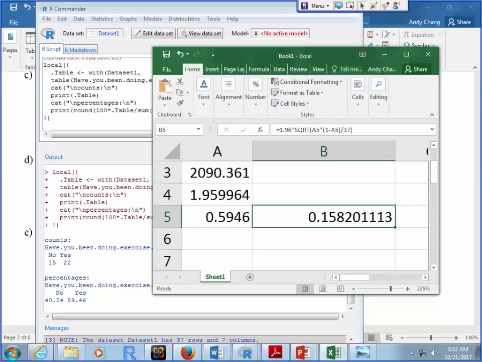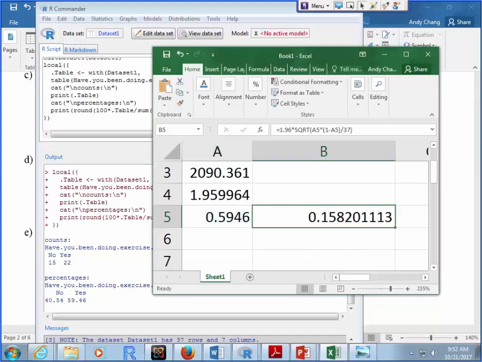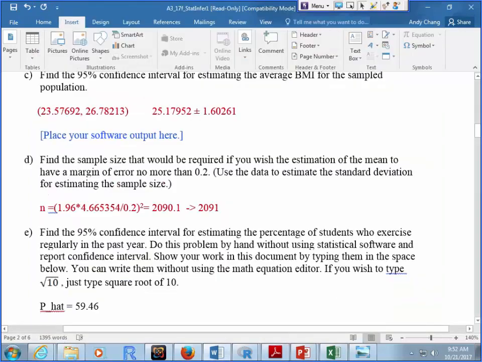So what is this? This is the margin of error, right? So what you do is subtract this from here, this minus this, plus this to get the two endpoints. Or you can answer the question like 59.46%, and then, like what I did, simple plus or minus.